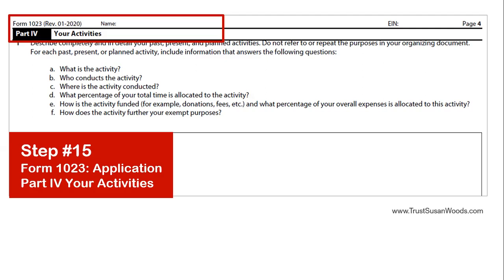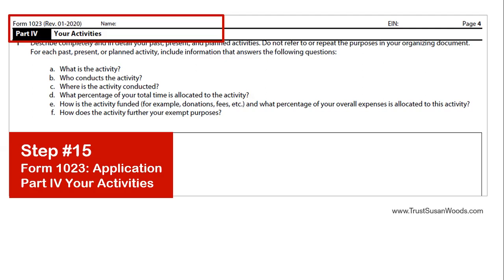Then in your next section, you will have present activities. What are you presently doing pertaining to that particular activity? And the third section of your activities will be called planned activities. And in that section, you will explain what you plan to do if you receive 501c3 status.